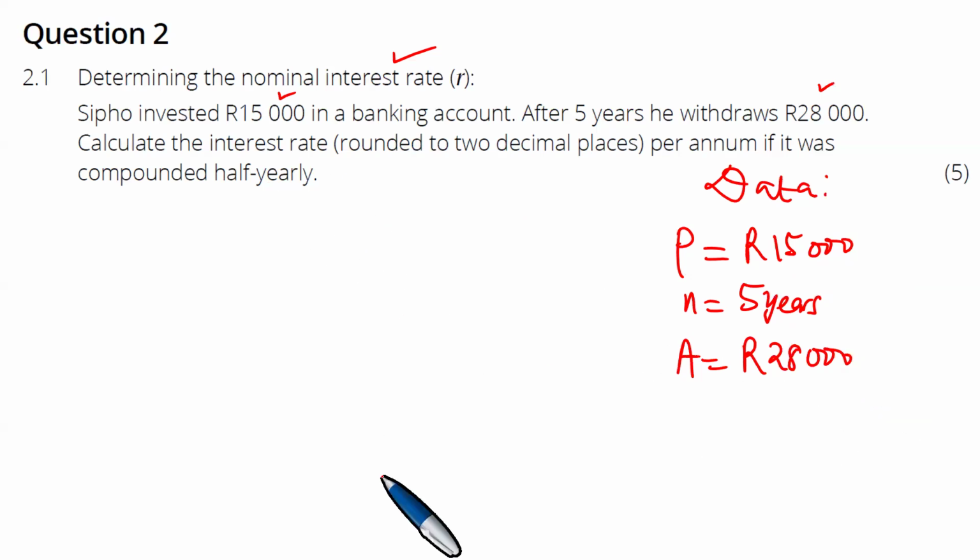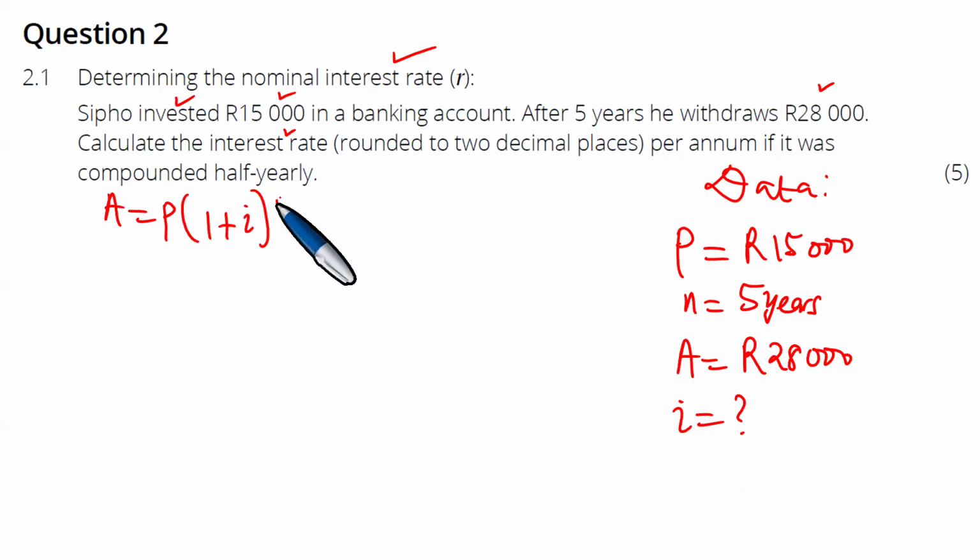Calculate the interest rate rounded to 2 decimal places per annum if it was compounded half yearly. So we're interested in calculating the interest rate. So we want I. Remember that this one is an investment. So you're going to use the formula with a plus. P(1 plus I) to the nth power.